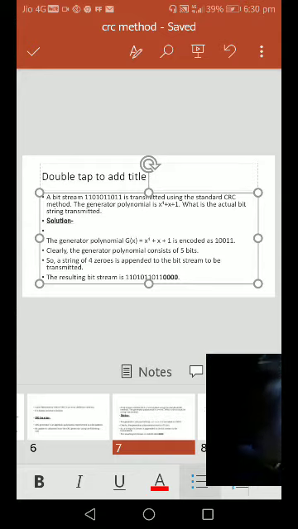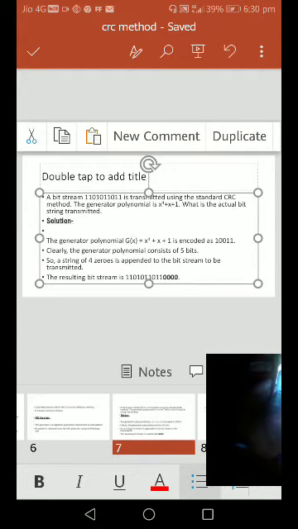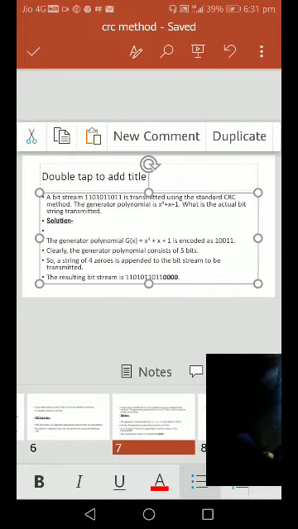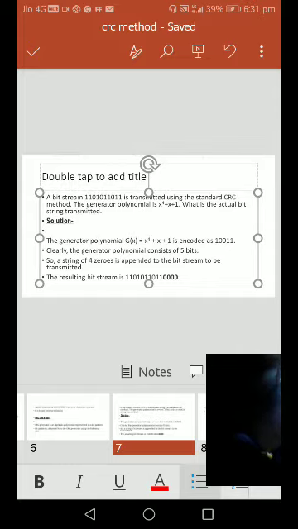A bit stream 110101111 is transmitted using the standard CRC method. The generator polynomial is x to the power of 4 plus x plus 1. What is the actual bit string transmitted?